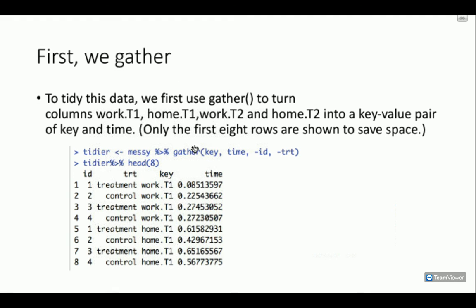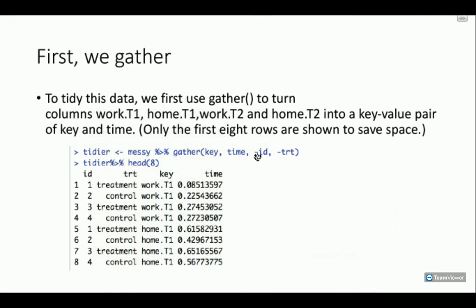So the first step is to use gather, and you'll have to give the 2 new column names, which is key and time, and you're giving a negative symbol to ID and treat. If you're giving it negative symbols, it means do not consider those columns in your key value pairs.